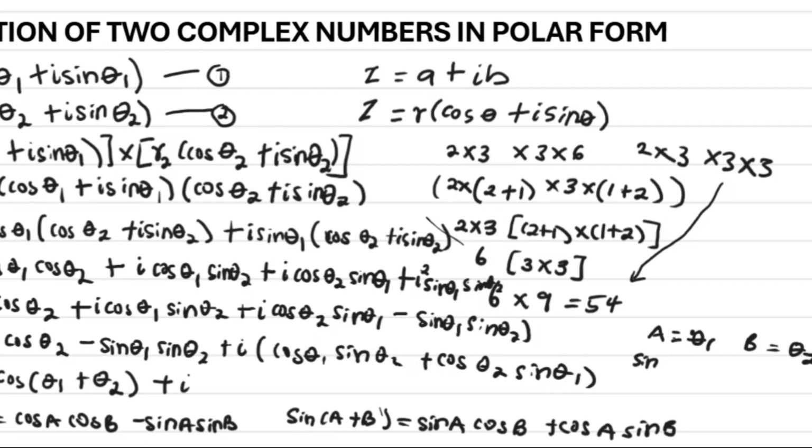Sine theta 1. This cos B will be what? Cos theta 2. Sine theta 1 cos theta 2 is the same thing as cos theta 2 sine theta 1, what we have here. Now, if we take the second one, cos A sine B, cos theta 1 sine theta 2.